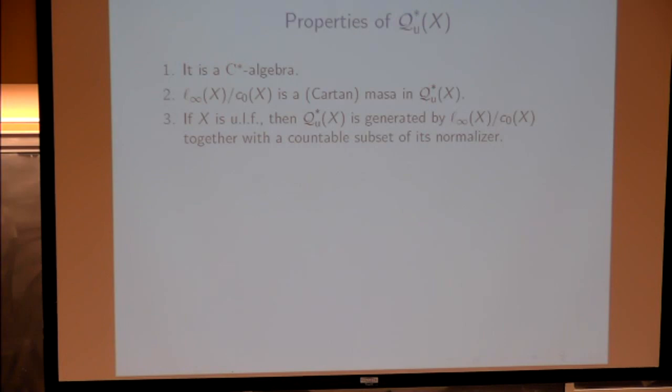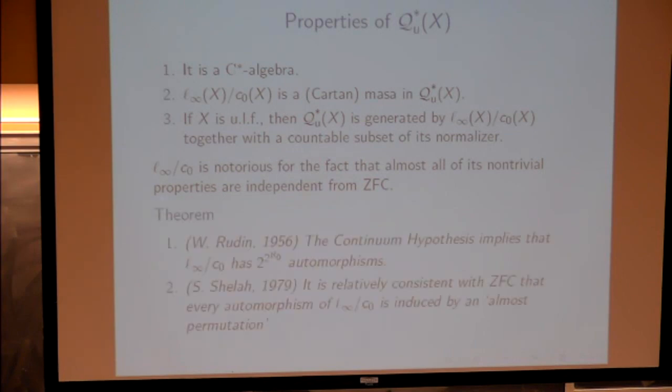Now, the item number 2, this presence of L infinity mod C0, is a bit of a red flag from the foundational point of view, because that algebra is quite notorious for having very few properties which one can prove in ZFC. Almost everything about it is independent. So here's a classical example.